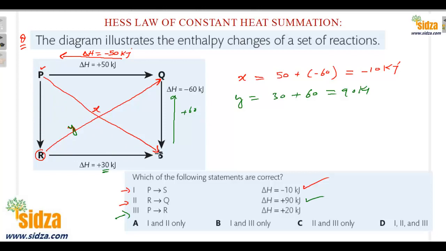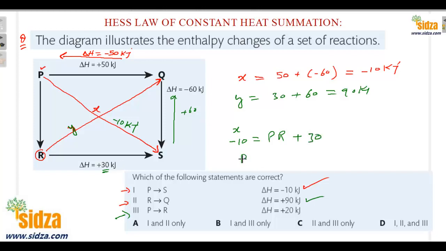When P changes to S, the heat change is negative 10. The X we calculated is minus 10 kilojoules, right? And when R converts to S, it is 30 kilojoules. So according to Hess's law, X here is negative 10, which will be equal to P to R plus 30 kilojoules.